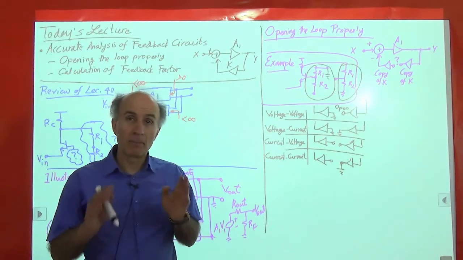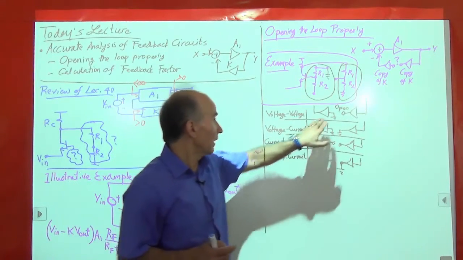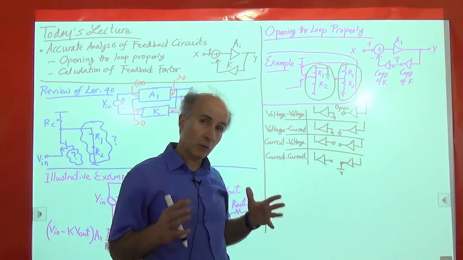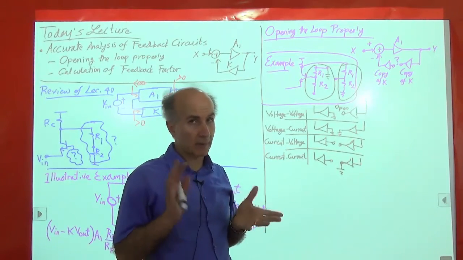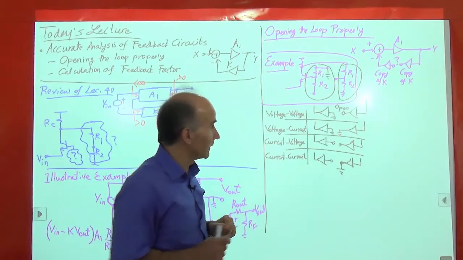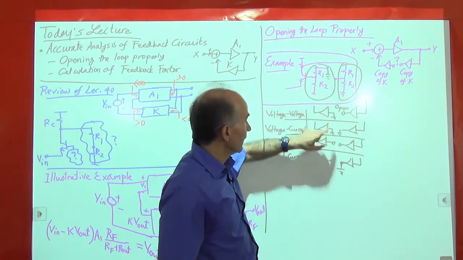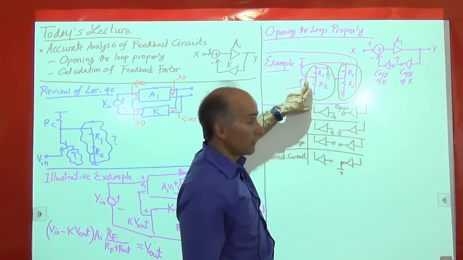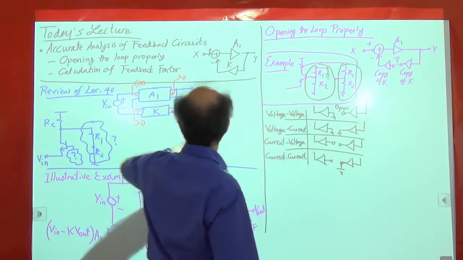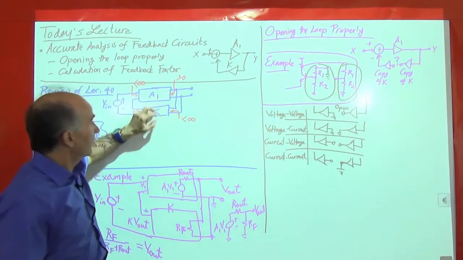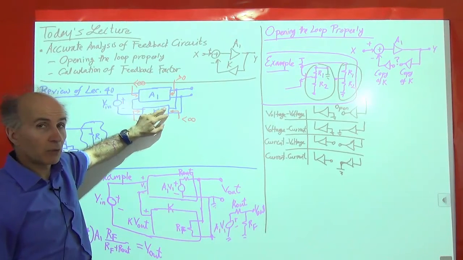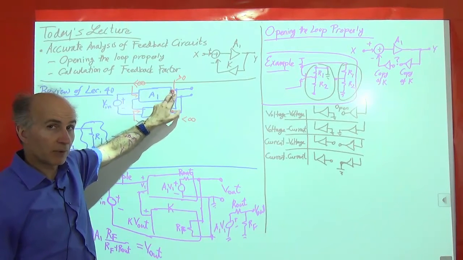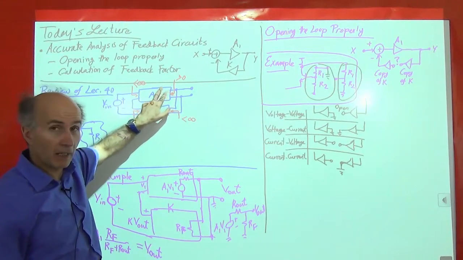Now I can give you a bit of intuition behind these so that you sort of remember them. This intuition is not very accurate, but it helps us at least remember things, okay? All right, so remember that in a voltage feedback system, like here, K is trying to sense a voltage, right? So it's trying to sense the voltage at the output of a voltage amplifier.